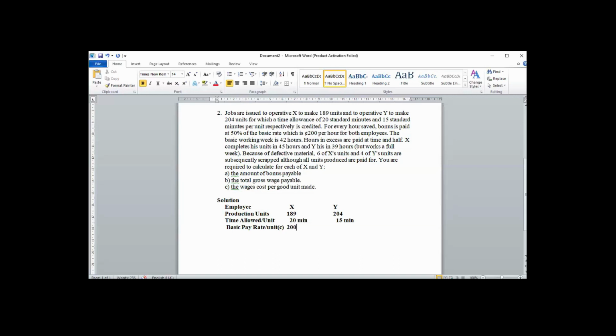Bonus is paid on what basis? 50% of the basic pay rate.